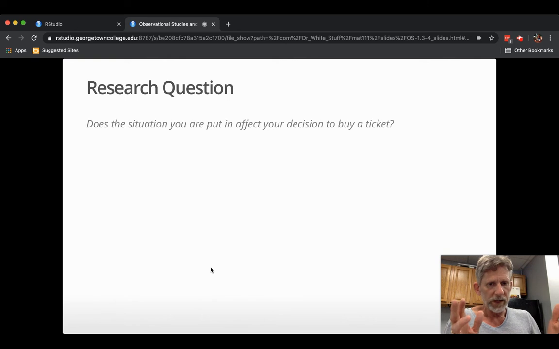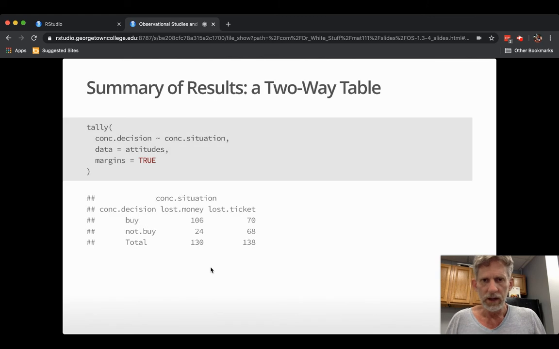So remember, we've got this research question. Does the situation that you are put in affect your decision to buy a ticket? And what we're looking for here is whether there's an association between two categorical variables: the categorical variable cons.situation, the explanatory variable, and the categorical variable cons.decision, the response variable.